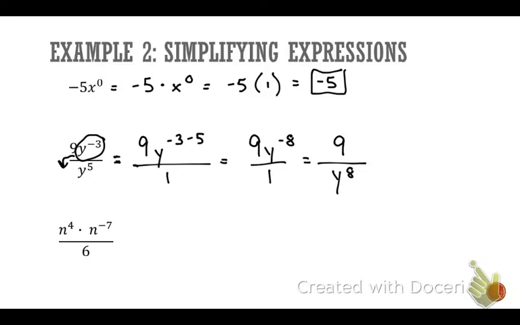So if I move it down into the denominator, would you agree it becomes positive? All right. Now when I multiply these, I'm going to get y to the 8th in the bottom. So you definitely can do it that way. I just tend to do quotient of powers because it stays consistent.